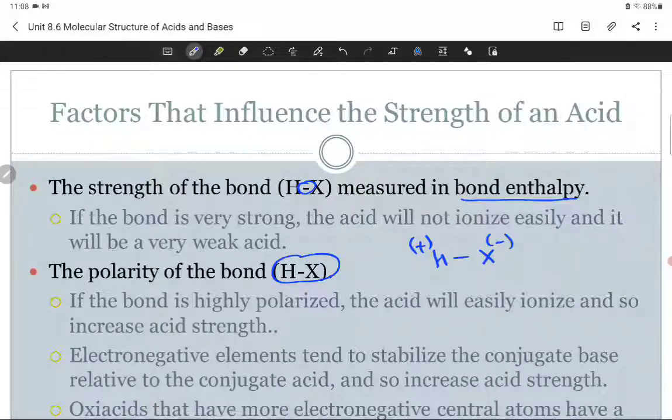Water could come along here and maybe fairly easily break that X away from the HX, or the oxygen part of water break the H positive away. And so the polarity has certainly a lot to play in that.